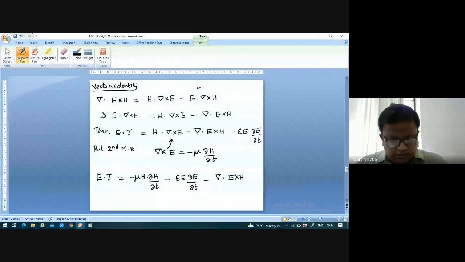Actually, I have shuffled the terms. You can see there are two partial derivative terms. So how am I going to relate them?